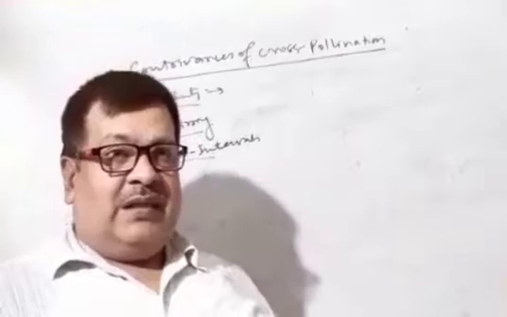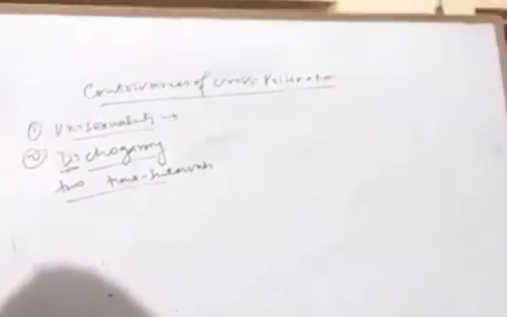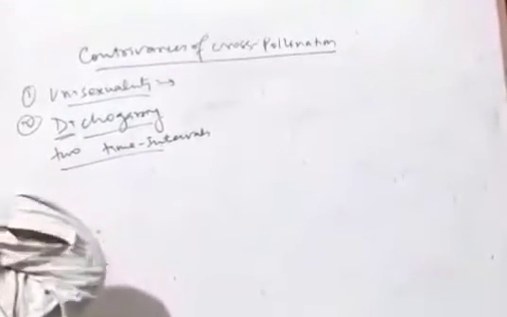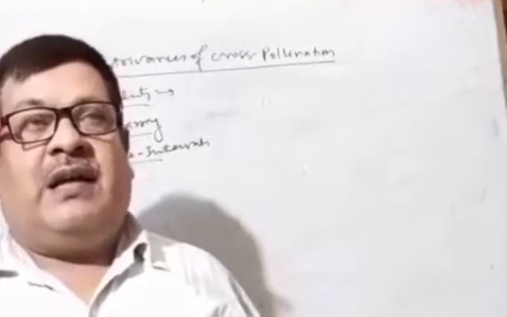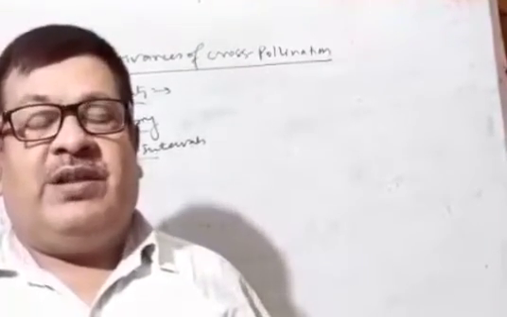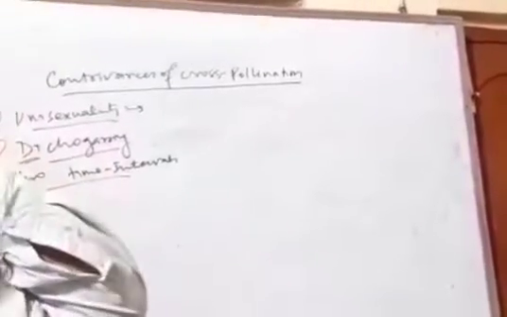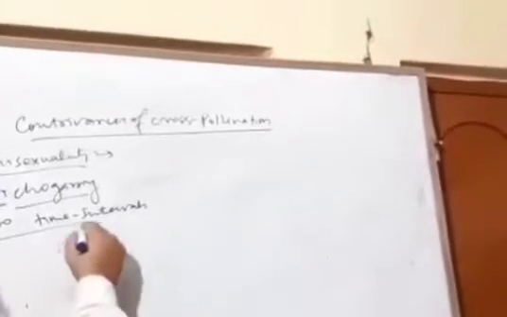So there must be a simultaneous or synchronous maturation of male and female gametes for self-pollination. Dichogamy means maturation of male and female gametes at different times. There are two types of dichogamy, protandry and protogamy.